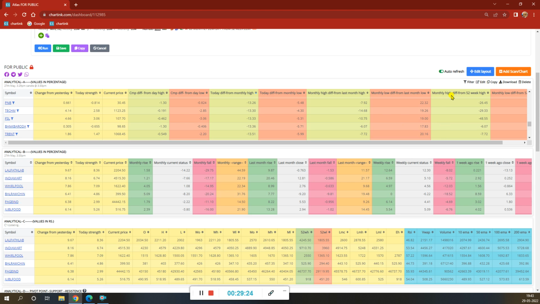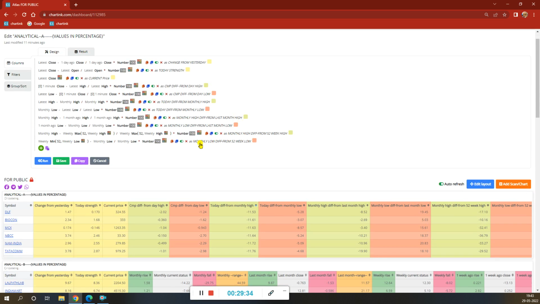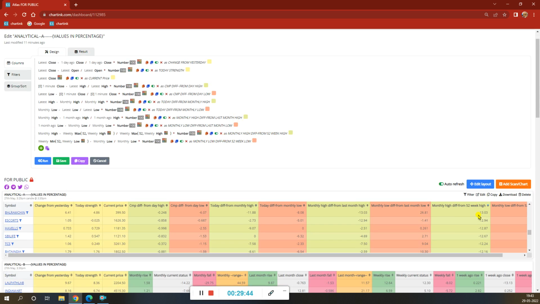Okay, monthly high difference from 52-week high. Now what that tells you, if you move up, it says monthly high difference from 52-week high. What that is now? If we filter this out this way, Indian Hotels has made a 52-week high in this month only.